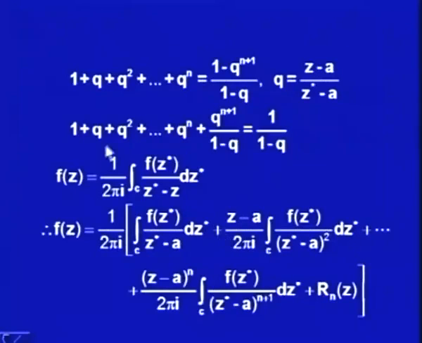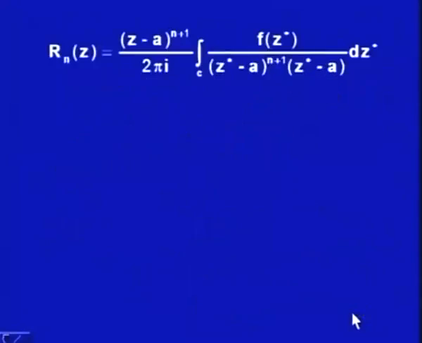This will correspond to the second term, and the last term will be this. So, we have f(z) represented as this. Here R_n(z) is equal to (z minus a) raised to power n plus 1, upon 2 pi i, integral of f(z*) over (z* minus a) raised to power n plus 1 into (z* minus z) dz*.